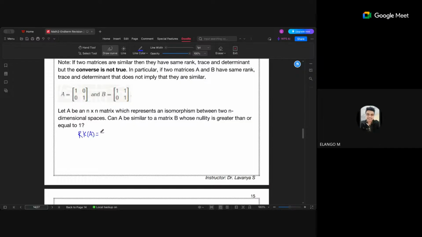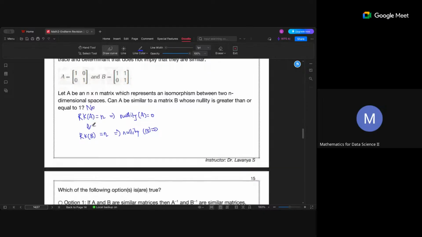It is a full rank matrix, so the rank is n, and the nullity of A is 0. A and B are similar, so they should have the same rank, n. So the nullity of B is also 0, and it cannot be greater than or equal to 1. So the answer is no.